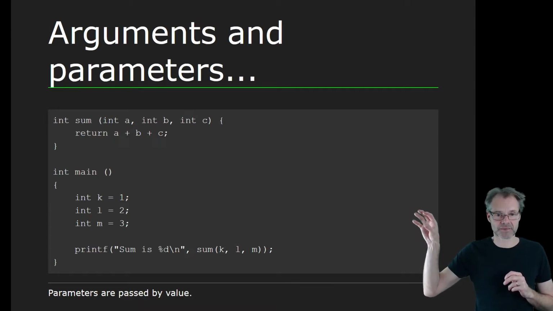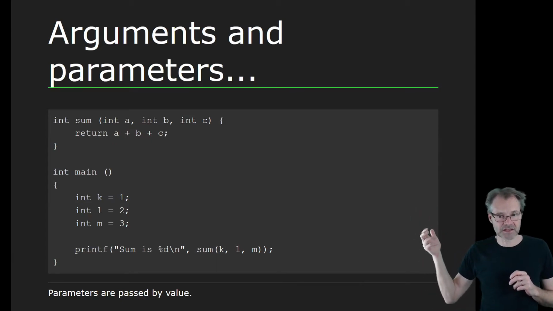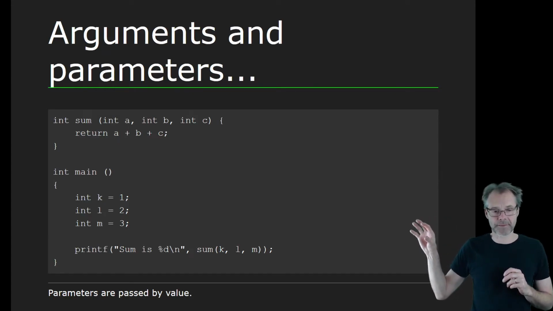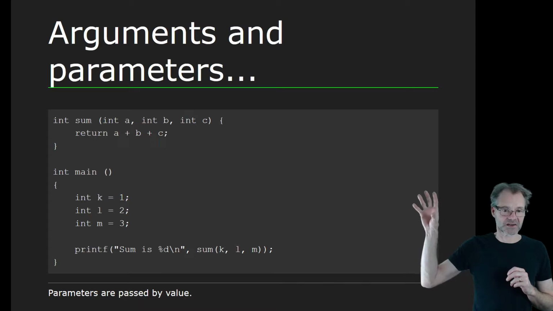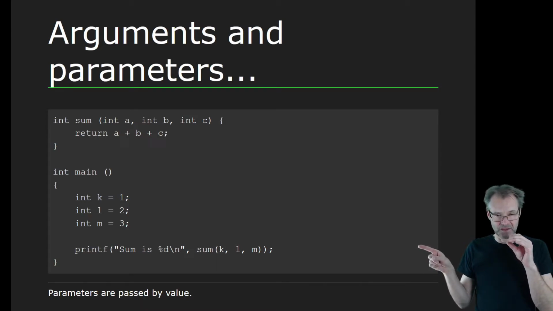Just declare them, declare the type and give them a name. Here is the main function, and it's just showing off how the sum is working. So we declare 3 variables there, and then we call the function down here.